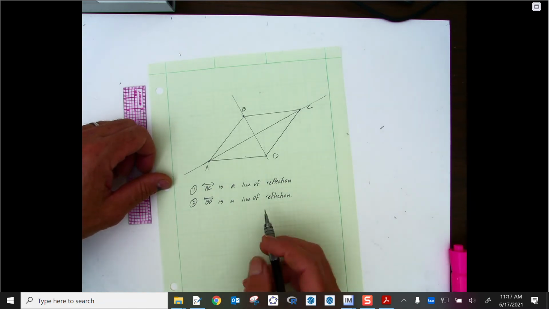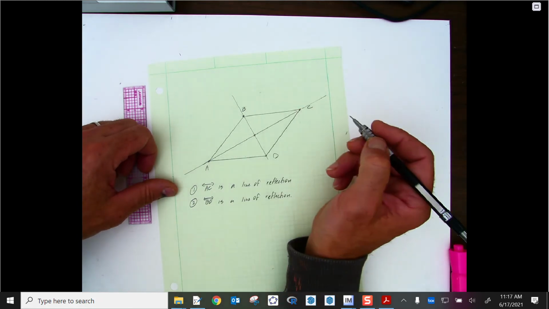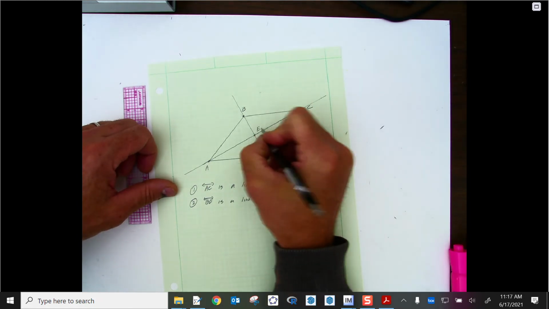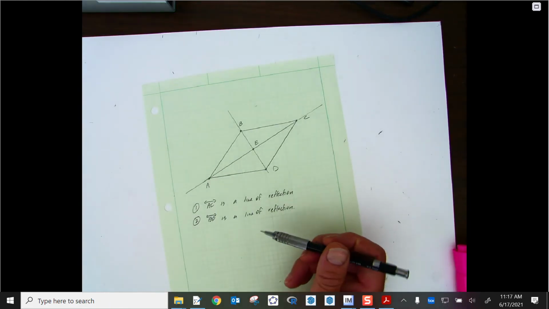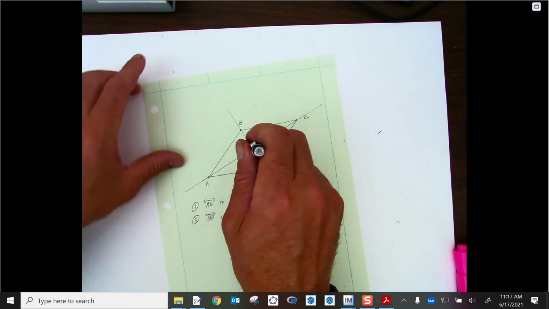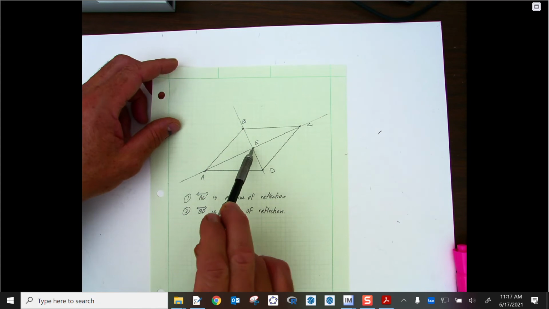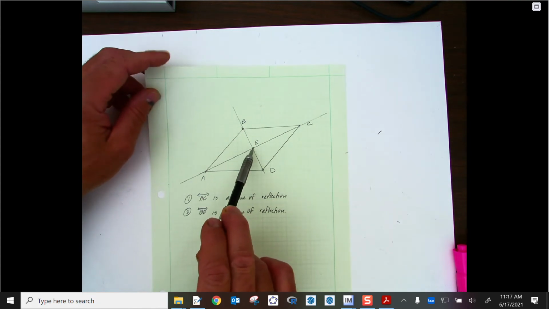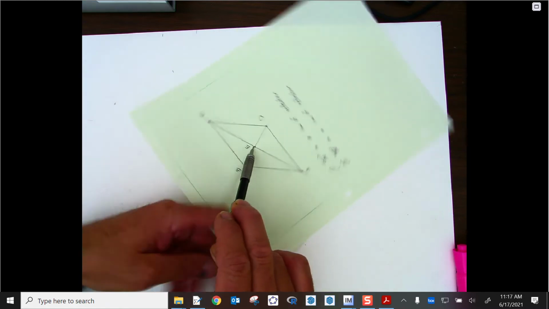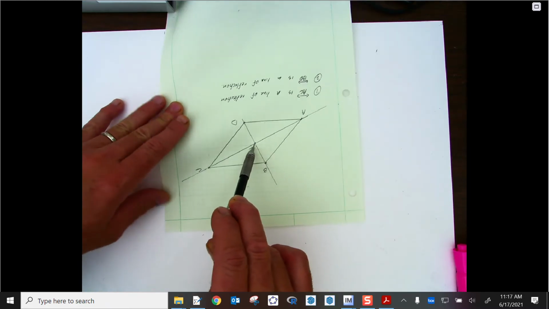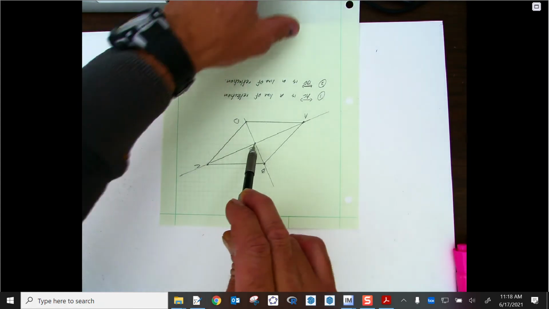Now the question is, what about rotation? If I call this point, where the two diagonals intersect, E, it becomes an important point on the figure, because if I place my pen here and rotate this thing like that, I get it back, right? So rotating it upside down, I seem to get it back.